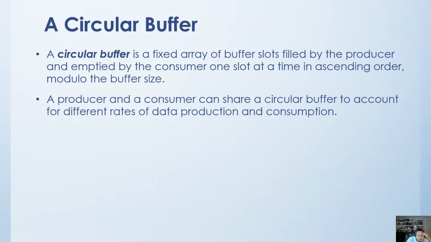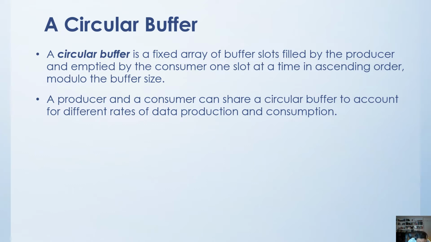Now, a circular buffer is a fixed array of buffer slots filled by the producer and emptied by the consumer, one slot at a time in ascending order modulo the buffer size.